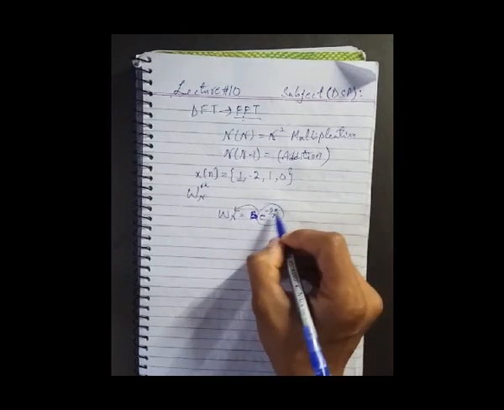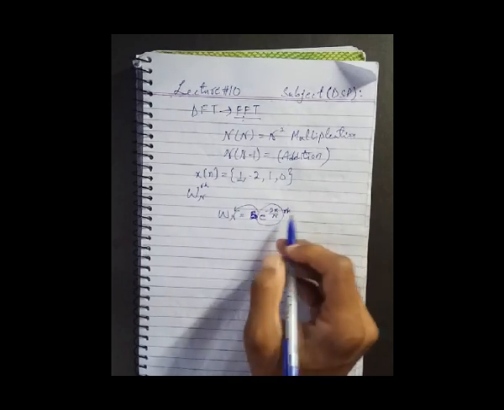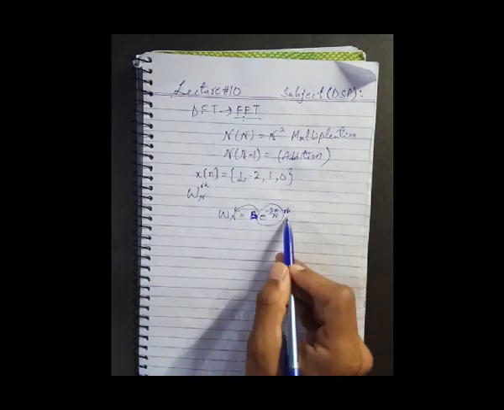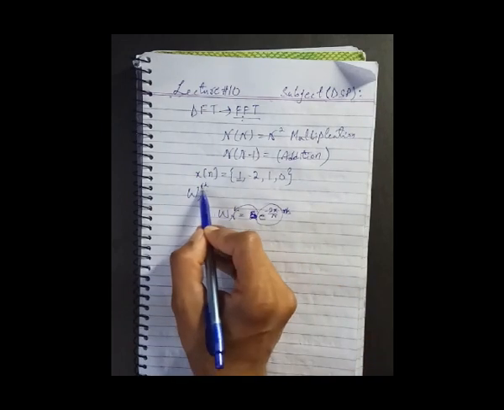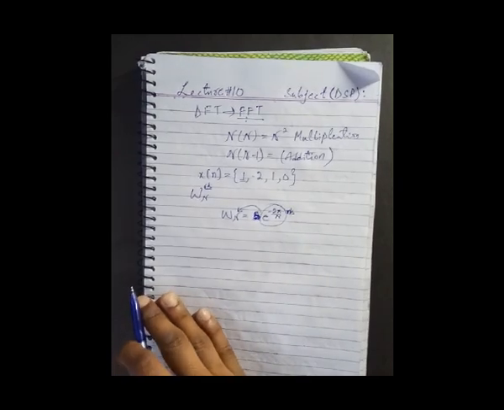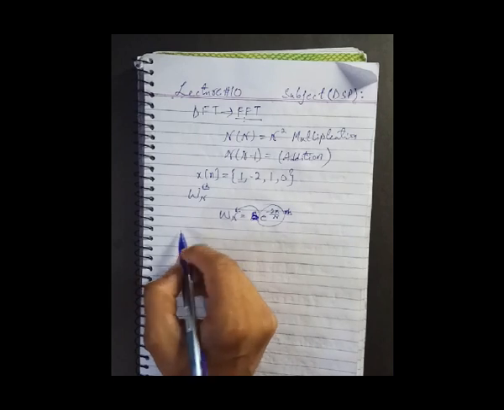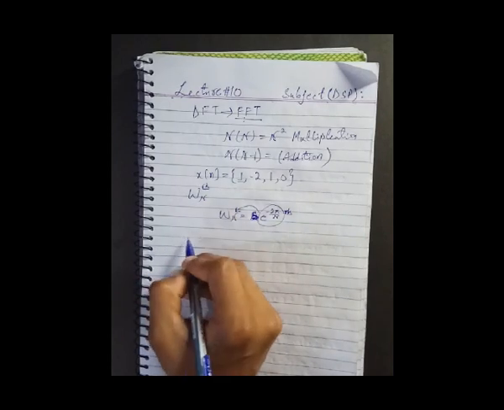And now if we get the term rk or nk that we have used in DFT, we will write this term on top of this W. Now see how it works. Now we have the formula for FFT.